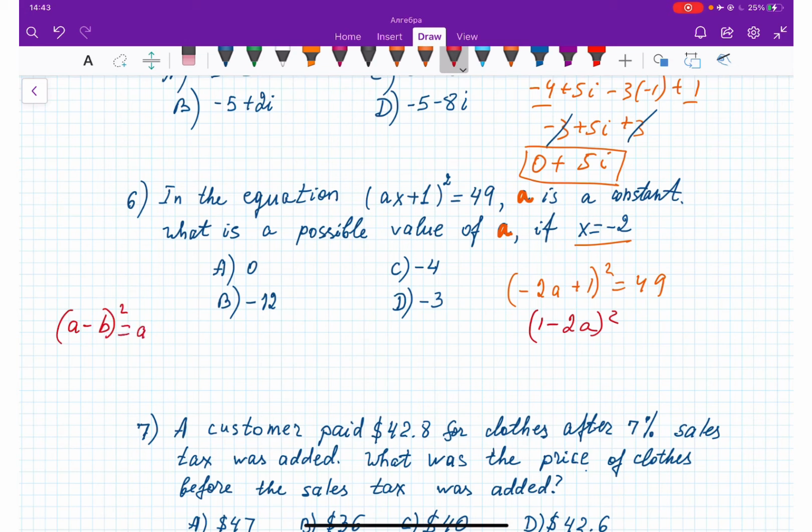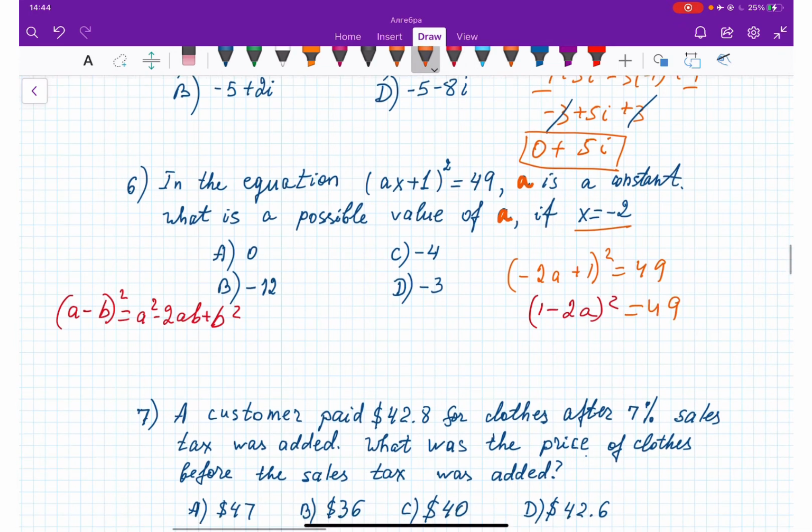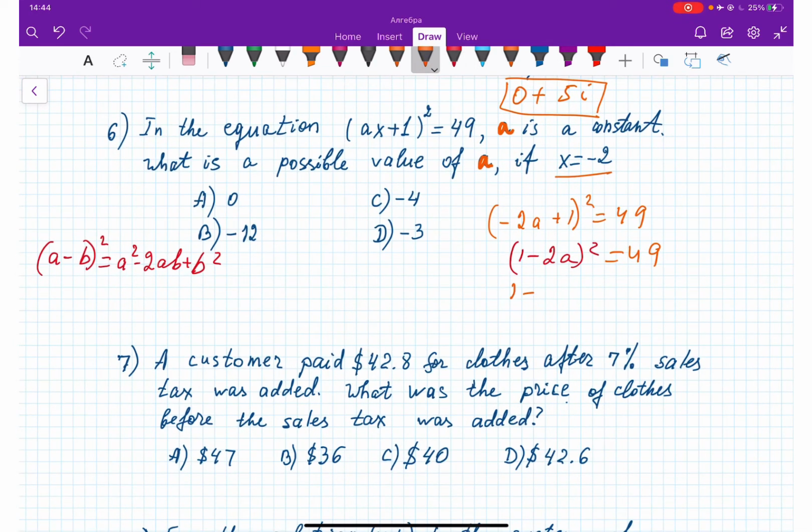a minus b squared will be a squared minus 2ab plus b squared. So this is going to be equal, since it's 49, we will get 1 squared is 1 minus 4a plus 4a squared equal 49. Yes? So 4a squared minus 4a minus 48 equals 0. So if I break it down, what's going to happen?